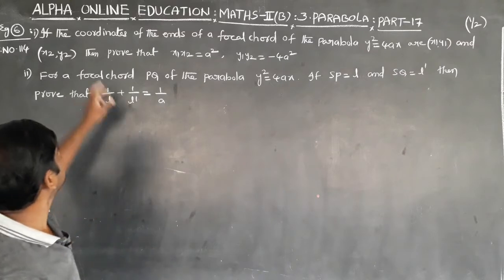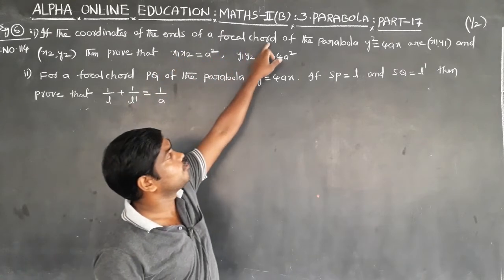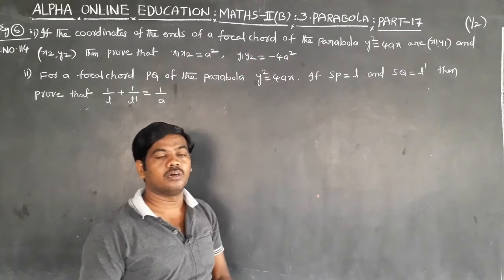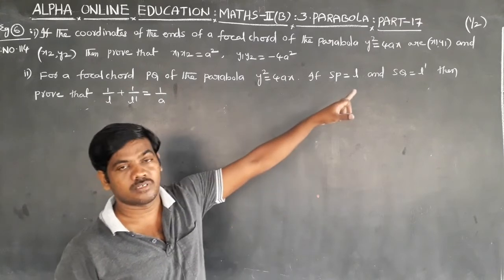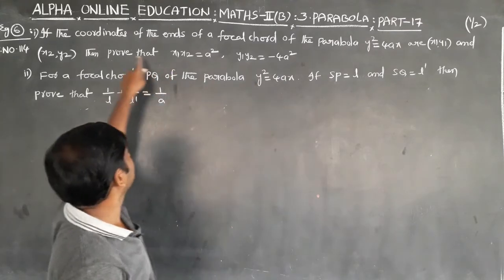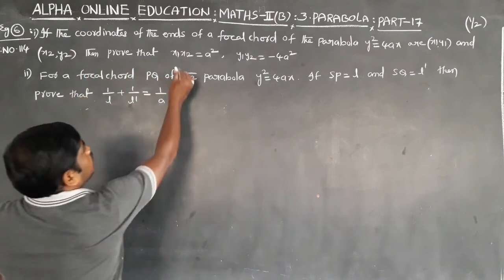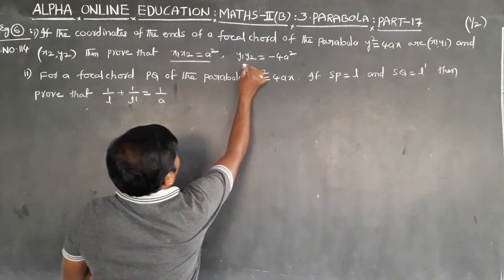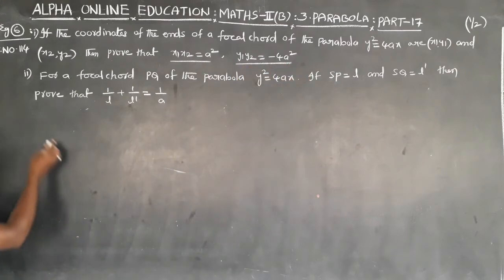First one: the coordinates of the ends of a focal chord of the parabola y² = 4ax are (x1, y1) and (x2, y2). Then prove that x1 x2 = a², y1 y2 = -4a².